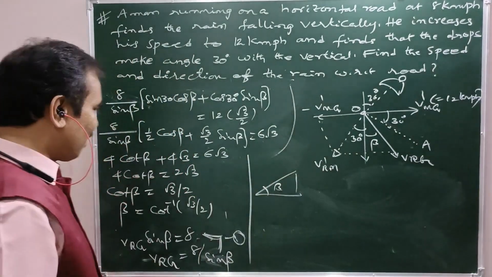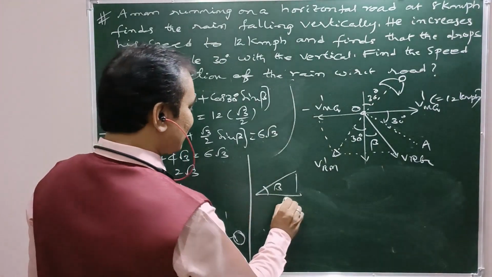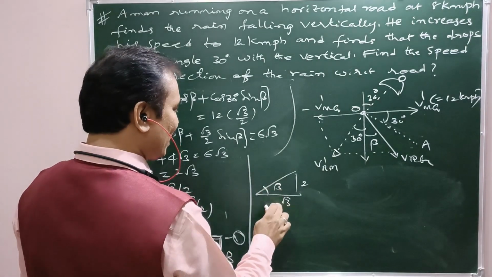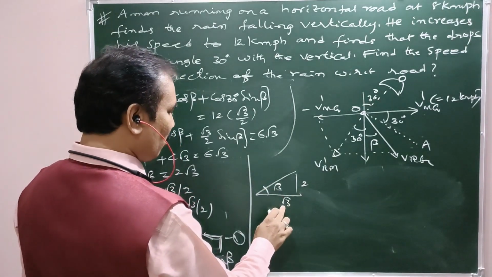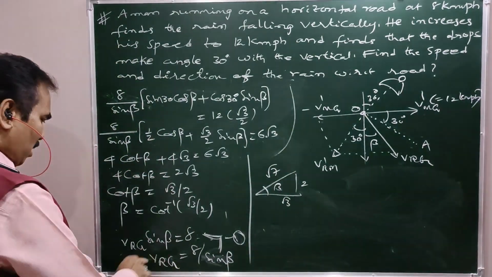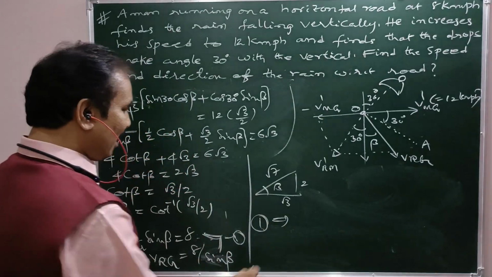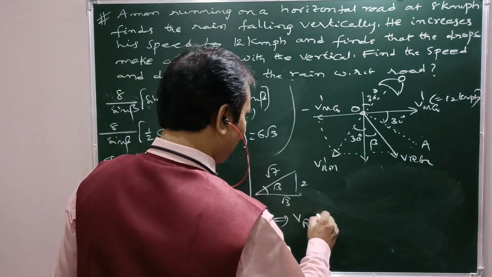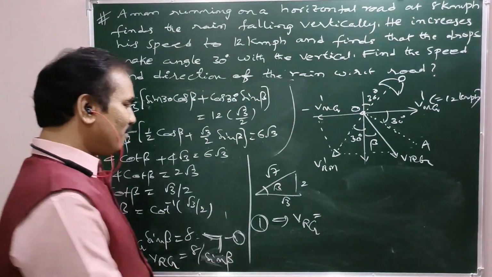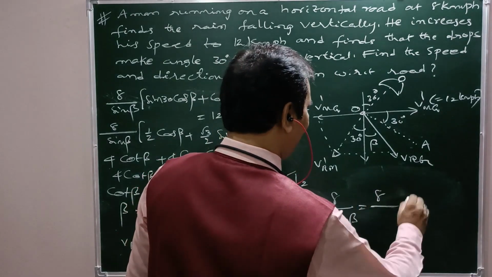Beta from a right angle triangle: cot beta equal to adjacent side by opposite side, root 3 by 2. Now the hypotenuse is root over a square plus b square, that is root over 3 plus 4, root 7. Now VRG, the velocity of rain with respect to ground, equal to 8 by sin beta.